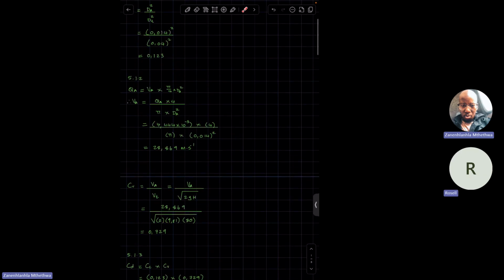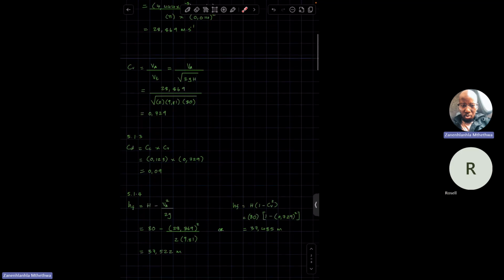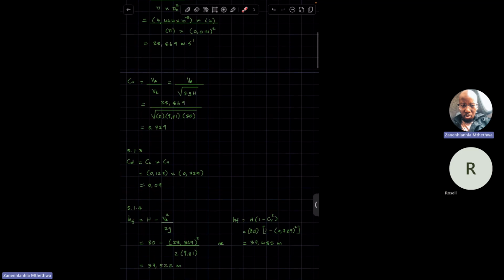Can you just repeat that again, please? Right. So look at all of our coefficients: the coefficient of discharge, the one of contraction, and the one of velocity. All of them are less than 1 in magnitude, and that is always the case. Your coefficient will always be less than 1.